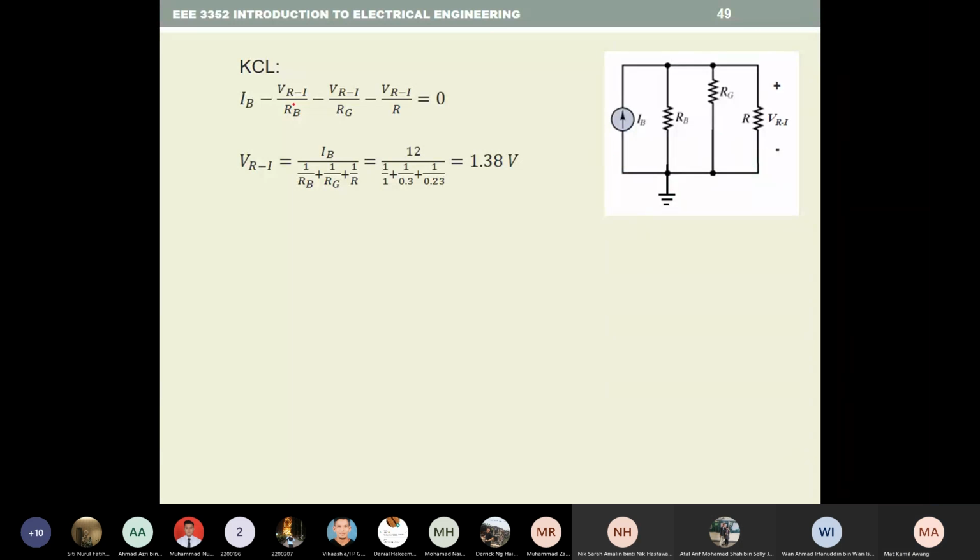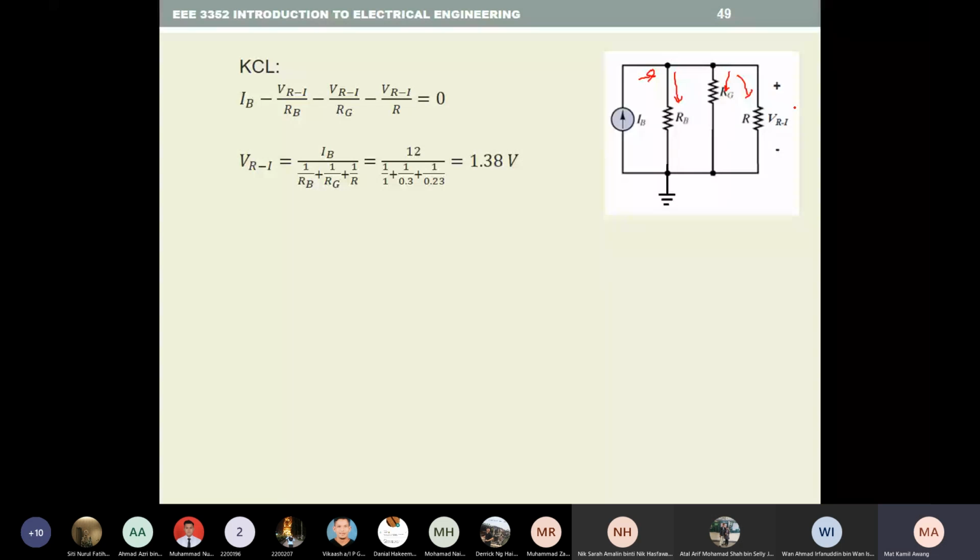So now you use the KCL. IB is equal to this I and this I. So IB minus VR_I, where VR_I is the voltage across R with respect to the current source.